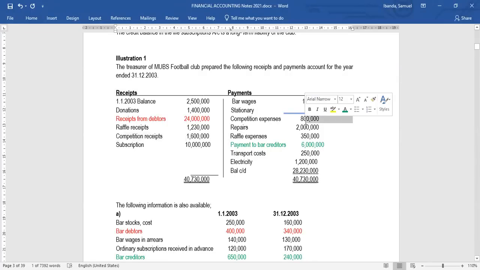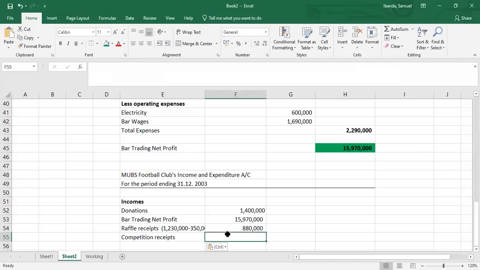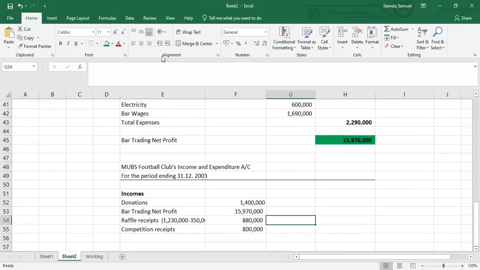I also remain with 800,000. So the net income from competition receipts, I'll record 800,000. I hope you know how I've gotten that.